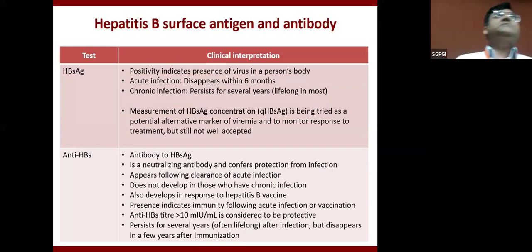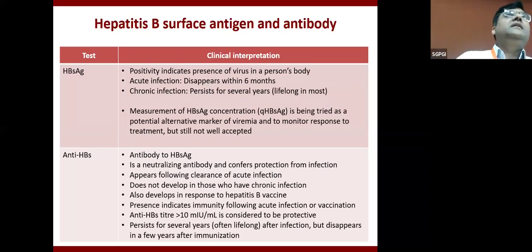Otherwise, quantitative HBsAg has no role. It has a role when our surface antigen test is in doubt, which is plus minus borderline, something like that, and we don't want to spend money on DNA, or DNA is not available. Then we can take help of quantitative HBsAg. It can help you differentiate whether the person is really infected or not, right?